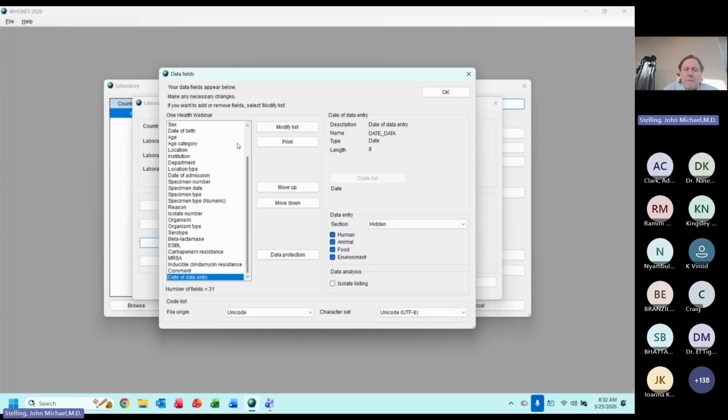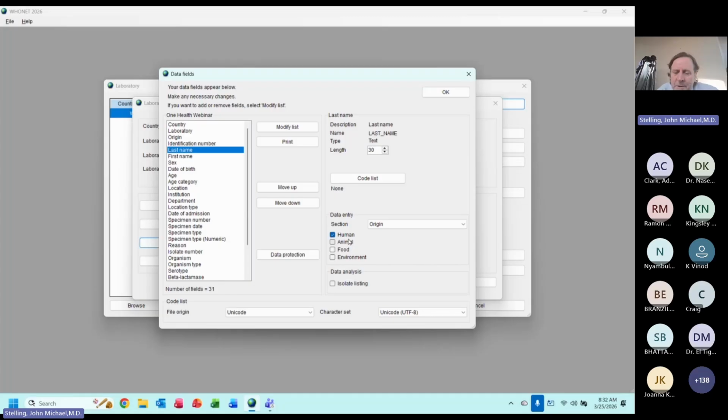If I go to the top here, if I click on last name, that's a human question. We don't ask for the other sectors. First name, it's a human question. I'm joking a little bit that we don't want to know the animal's name, but actually I'm just joking a little bit, because if you work with cats and dogs and horses, people often do keep track of the animal's name.